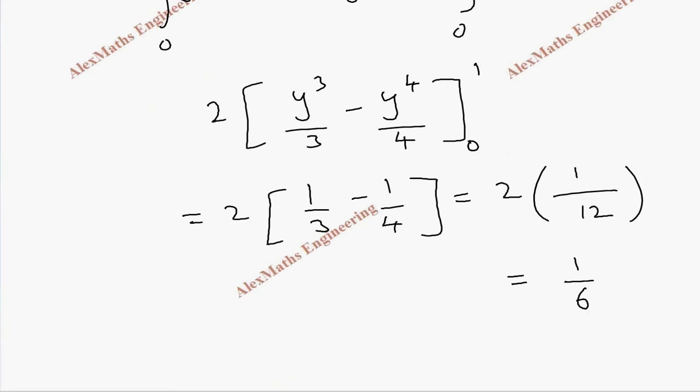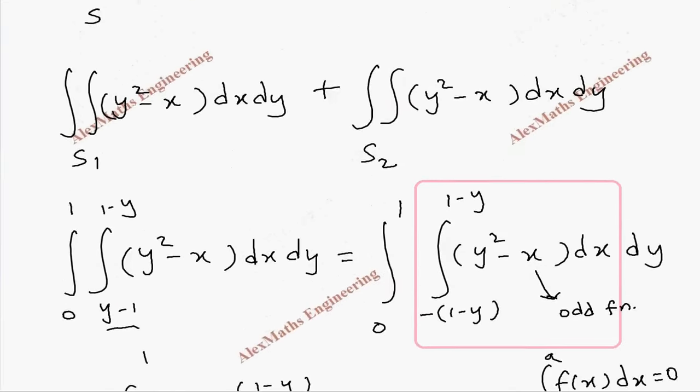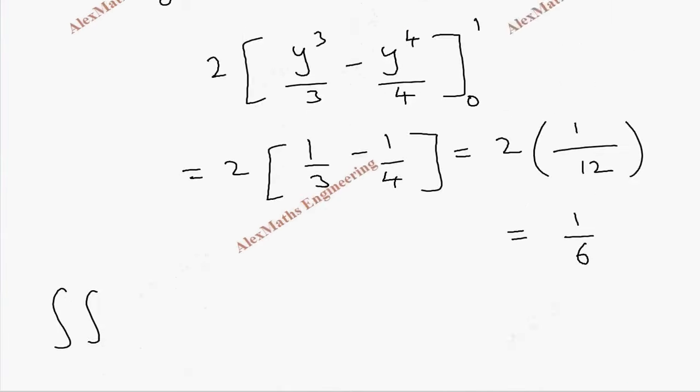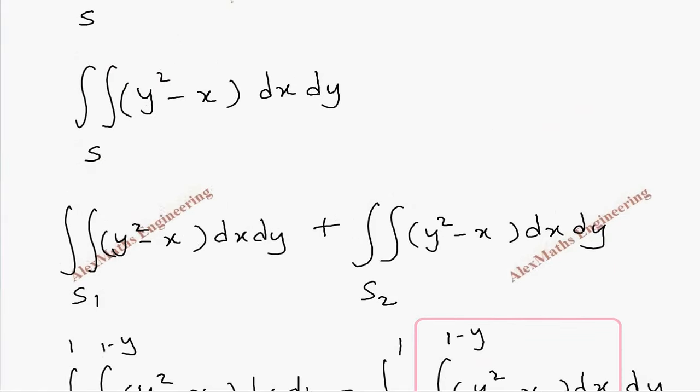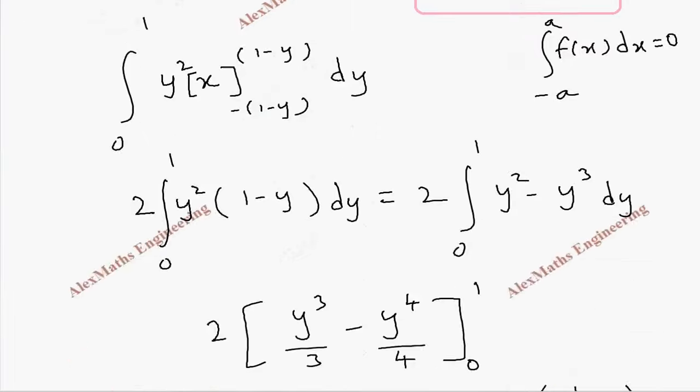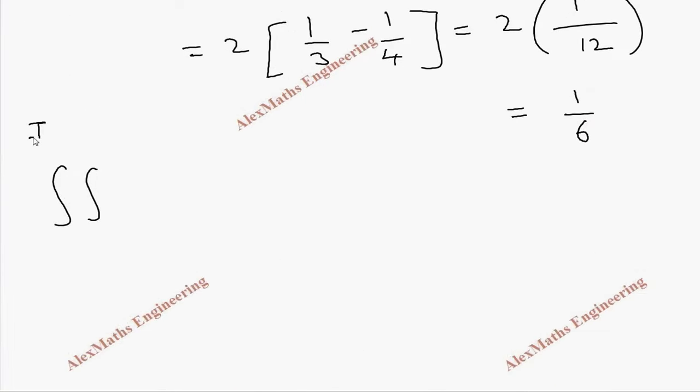In the same way, we are going to take the second surface, that is double integral S2. So the first part what we have taken is I1. Now we are going to do I2.